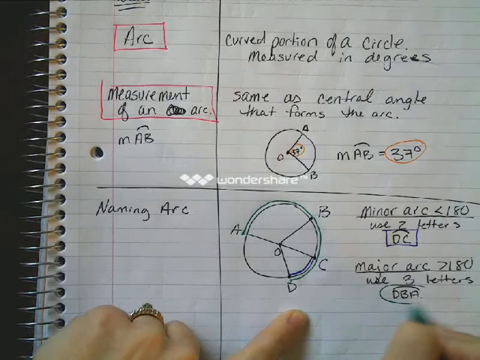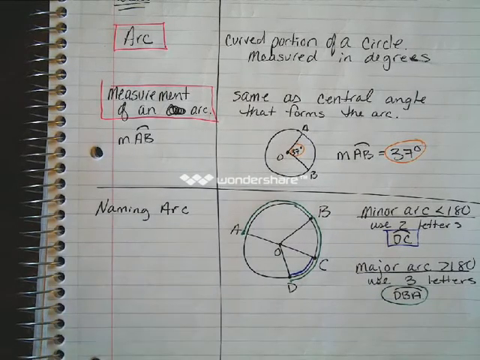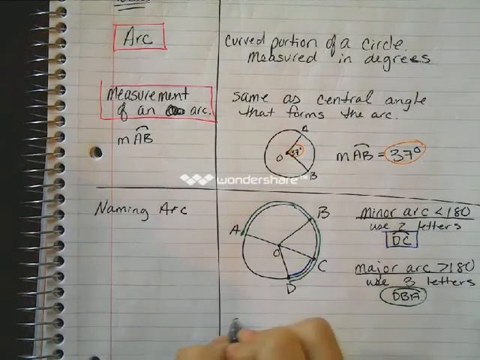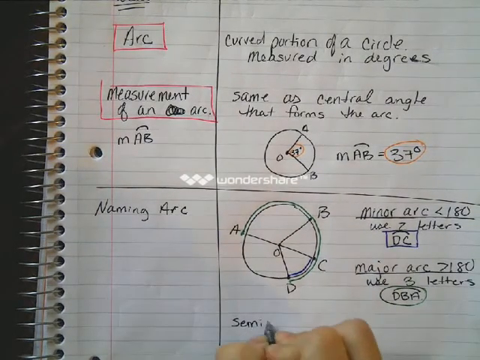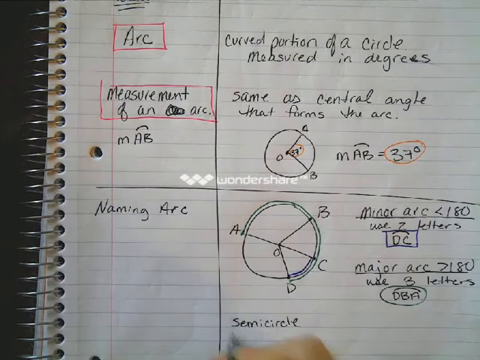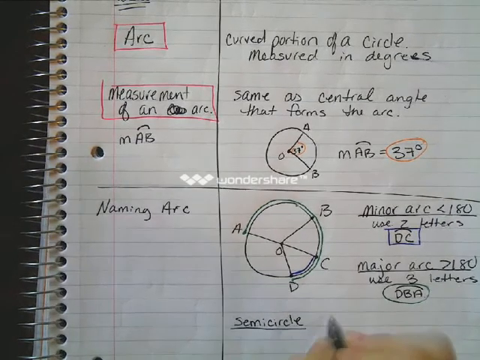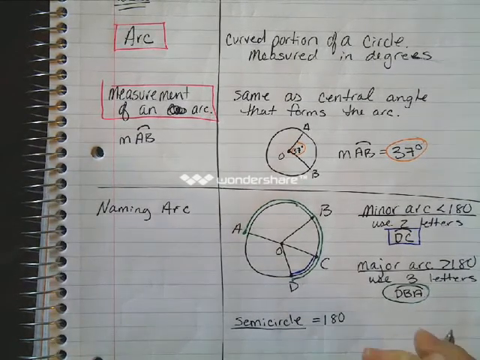And then a semicircle. Again, a lot of this is old vocab. This equals 180. You still use 3 letters. Because how do you know which semicircle I'm talking about? If I say semicircle AC, how do you know if I'm talking about the top portion or the bottom portion?